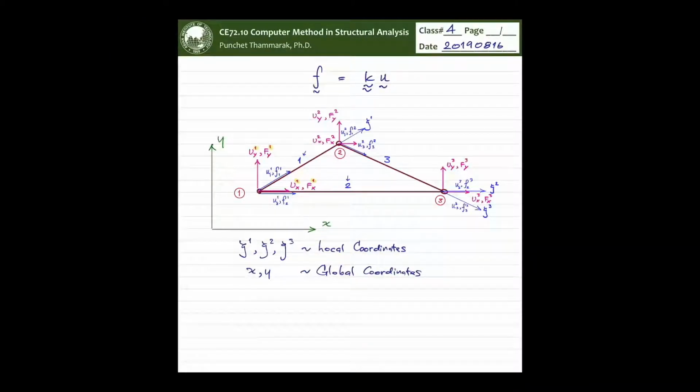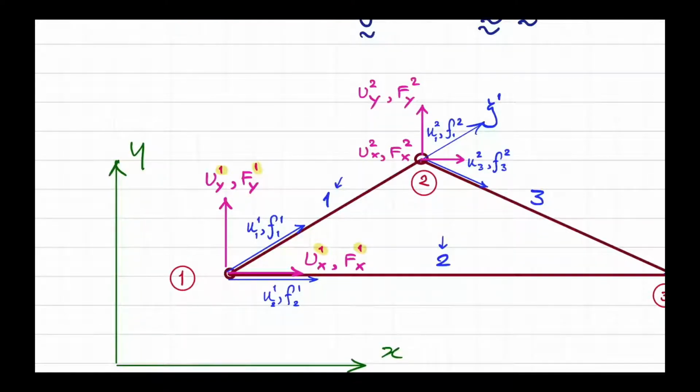So the basic idea is to transform the quantities in blue into the quantities in pink. So member 1 will be transformed into the pink quantities. Member 2 also, nodal point displacement and nodal point force will be transformed into the pink quantities.